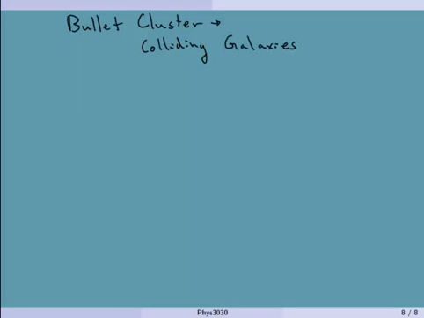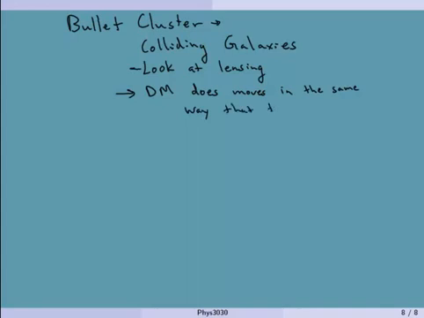And you can look at lensing. The idea is that the dark matter doesn't move in the same way that the luminous matter moves.